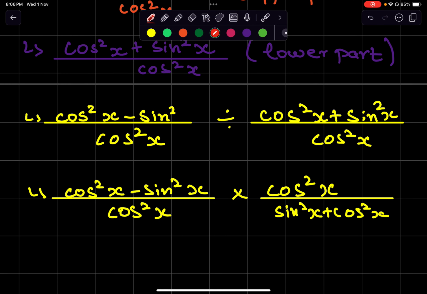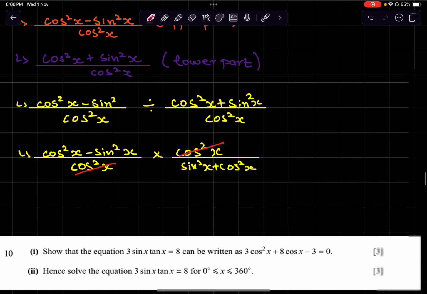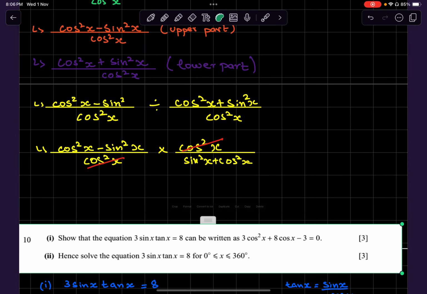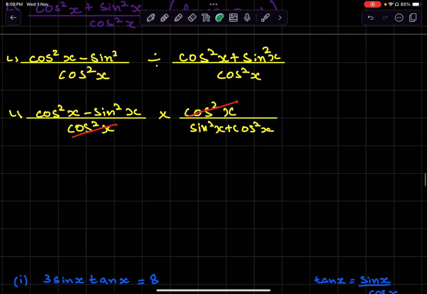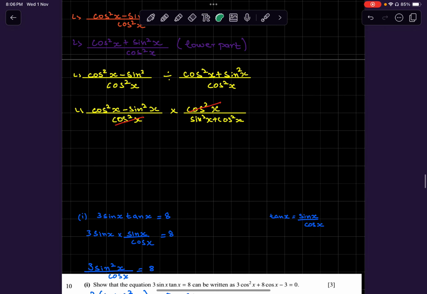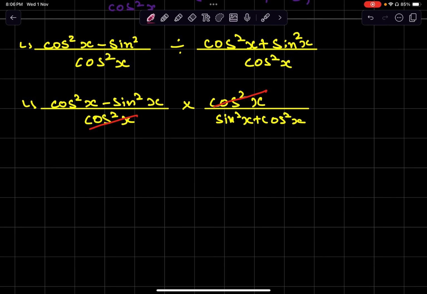So now you can see this cos square x is going to cancel out with this cos square x. Let me move this question a little bit so we have some more space to solve this question. All right.